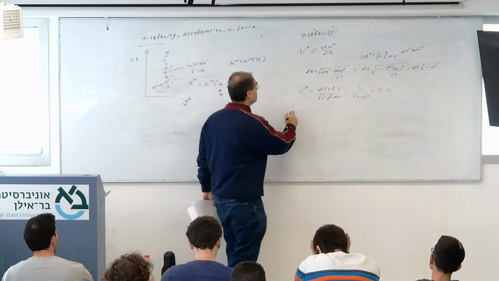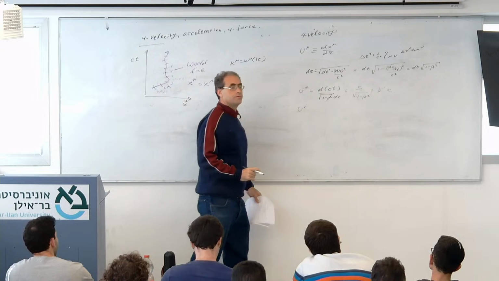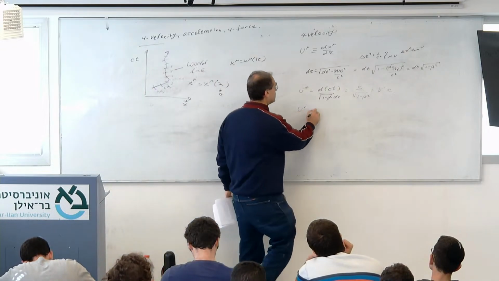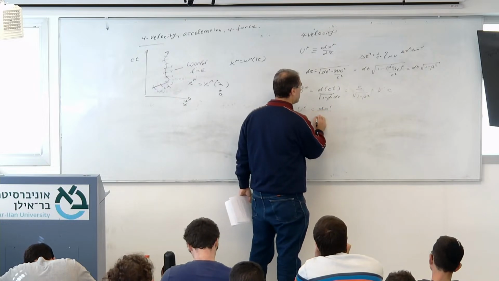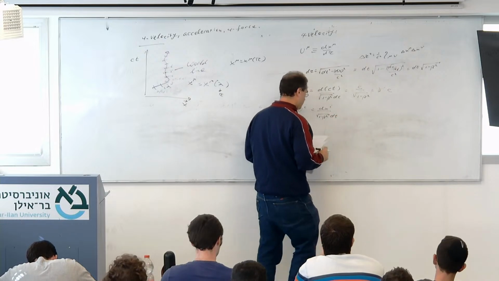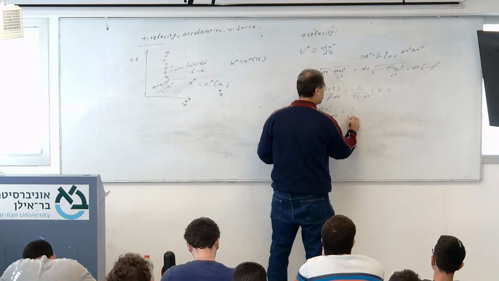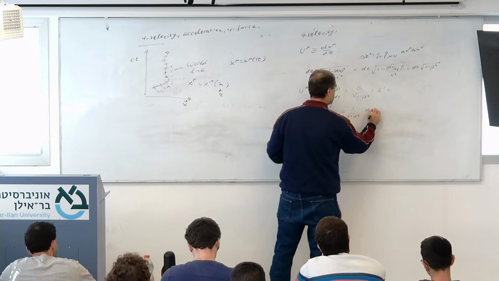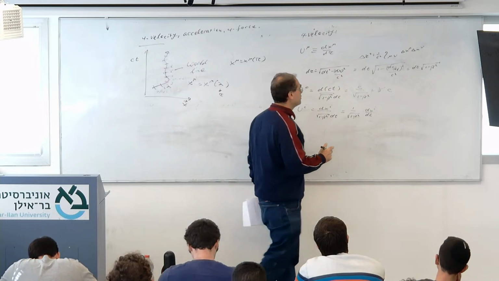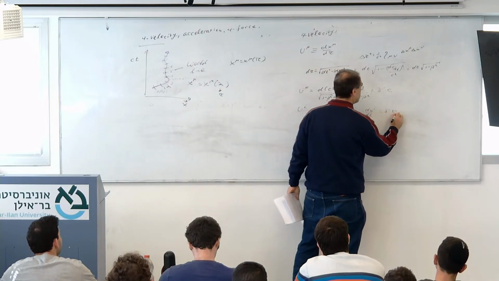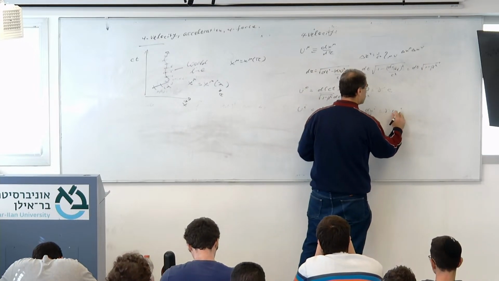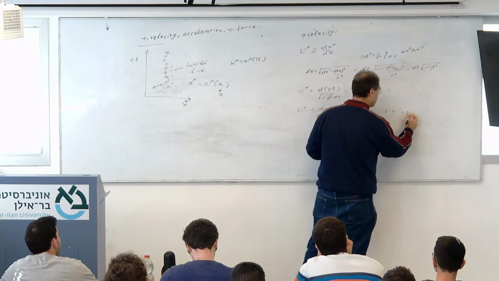And u^i, the spatial part of the four-velocity, is dx^i divided by the square root of 1 minus β² dt. So that's 1 over the square root of 1 minus β² times dx^i over dt. This is just gamma times v^i, or gamma times c times β^i.